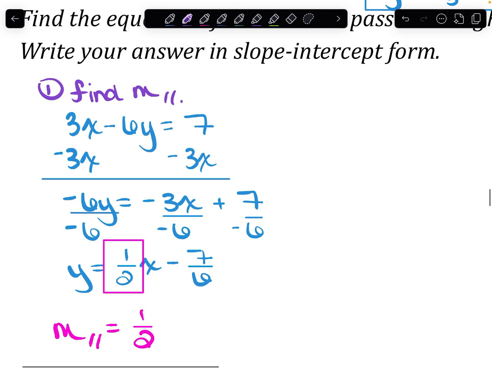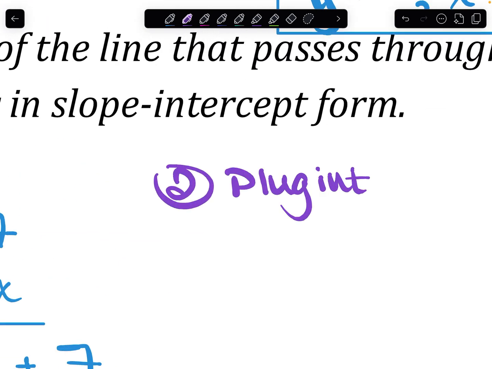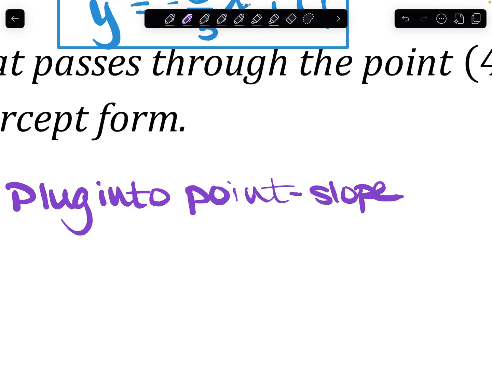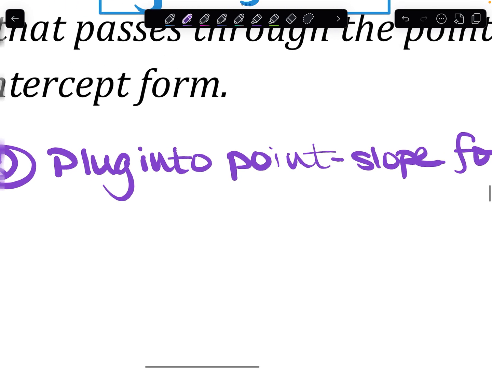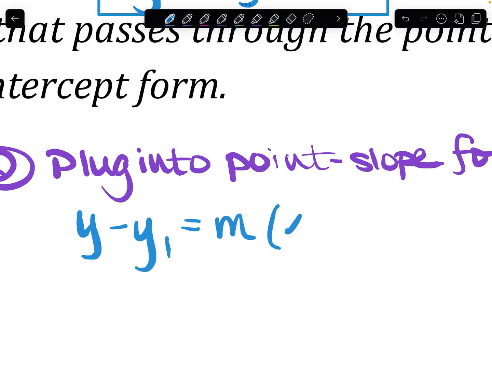All right, step 2, plug into point slope form. So plugging into point slope form, we've got our form y minus y1 equals m times the quantity x minus x1.